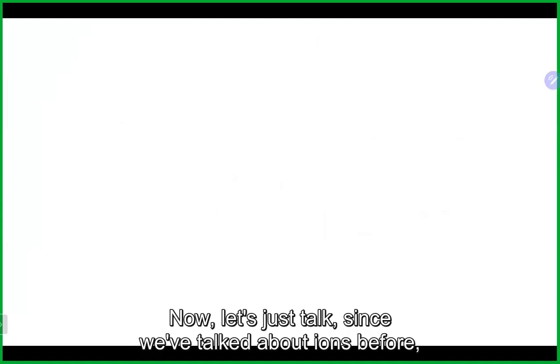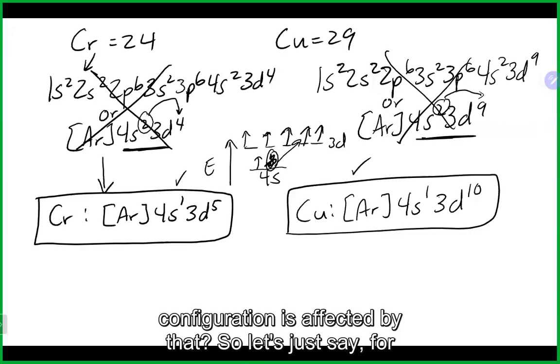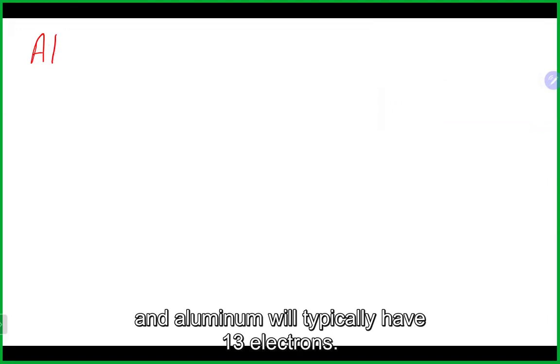Now, since we've talked about ions before, let's talk about what happens when something gains a charge and how the electron configuration is affected by that. So let's say, for example, we had aluminum. Aluminum will typically have 13 electrons.